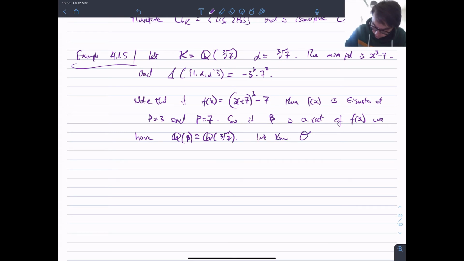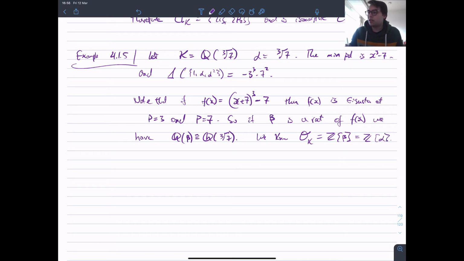Now the ring of integers of Q of beta: because it's Eisenstein at the two places that we care about, we know that O_K is Z adjoin beta, which is the same thing because there's just a shift by 7 on my root.